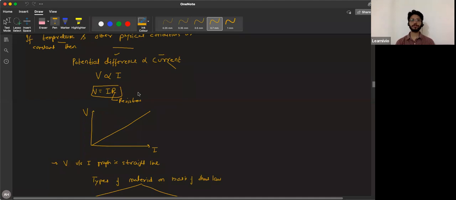Yes, Uni, what is current density? Sir, current per unit area. Current per unit area. Okay, just 1 second.